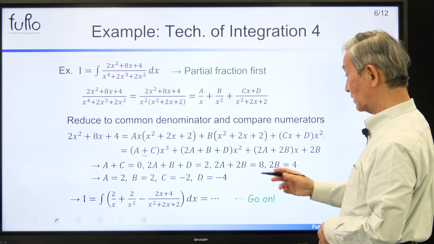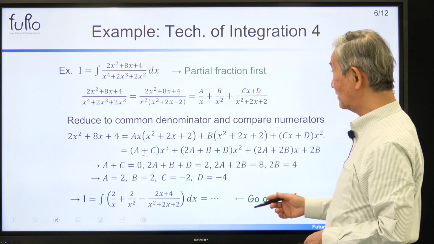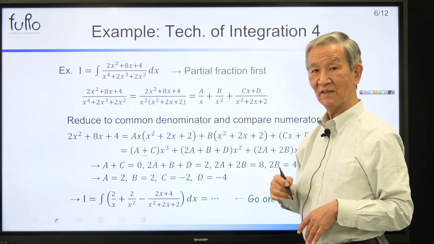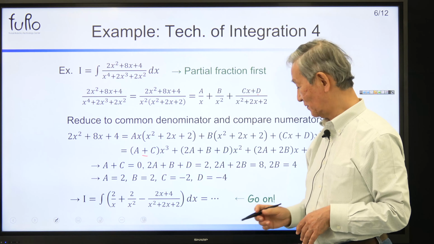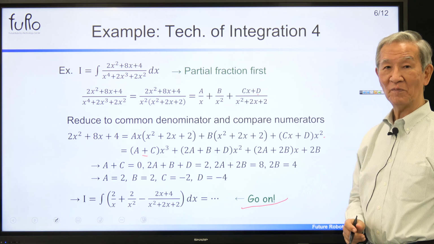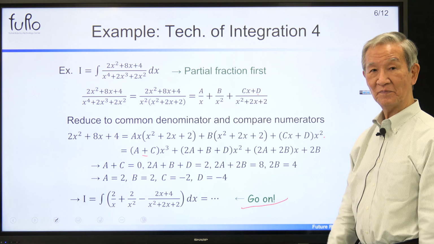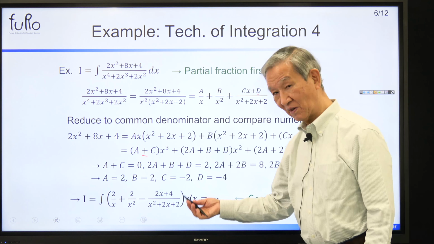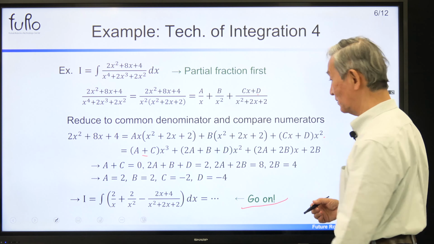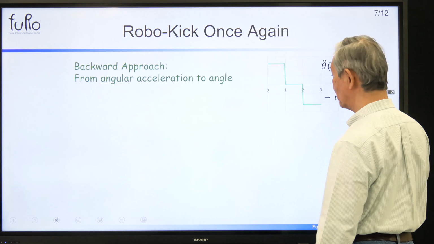You get the integral of that one, and use those formulas to compute this one here. I say, go on, try it yourself. From here on, it's straightforward, so you can do it. Okay.